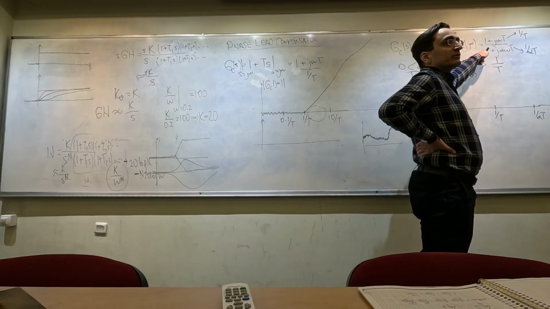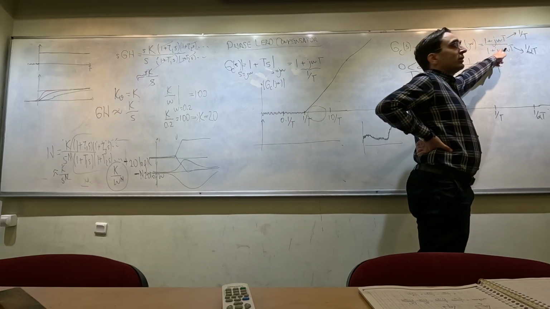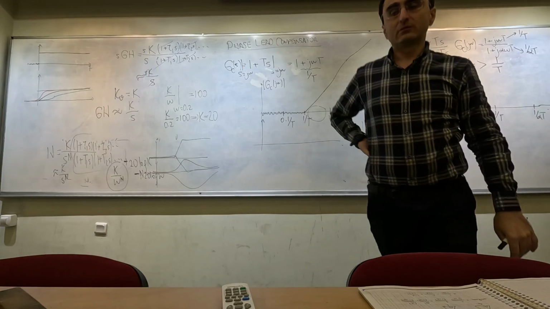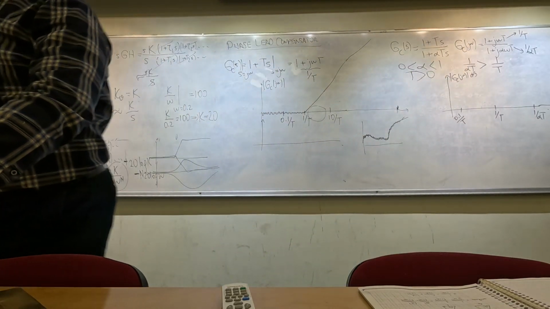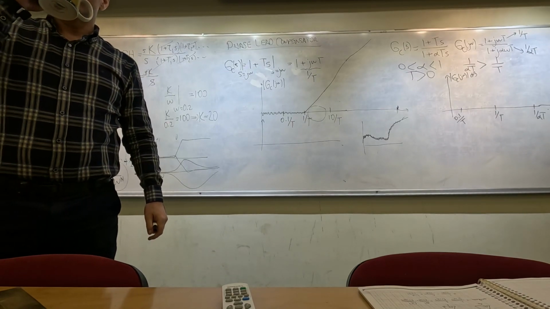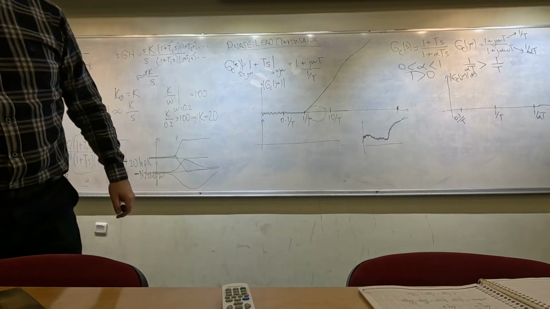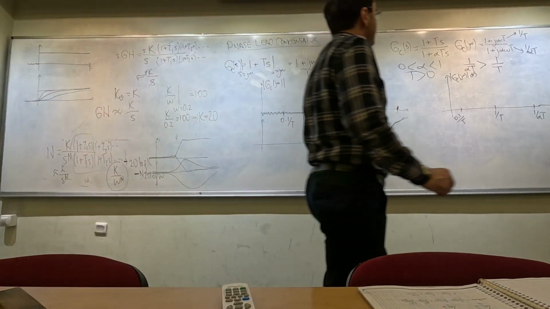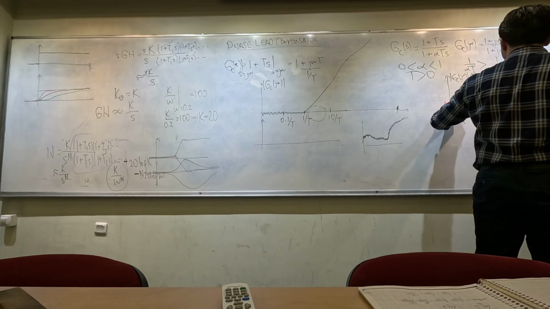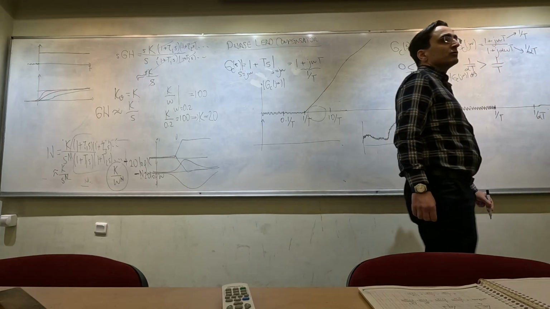So here, I am going to draw the magnitude. At low frequencies, if omega is going to 0, what is the magnitude of this thing? It is 1 in linear scale. What is it in dB scale? It is 0. So until we hit the lowest corner frequency, the magnitude is 1, so we have 0 dB magnitude.